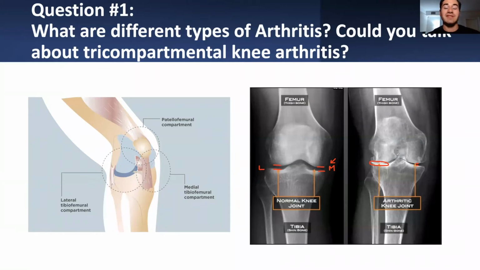And then it causes the joint to erode. Inflammation can also attack your internal organs, your eyes, and other parts of your body. Examples of inflammatory arthritis would be rheumatoid arthritis, psoriatic arthritis, ankylosing spondylitis, and gout. These are examples of inflammatory arthritis that attack the joint.